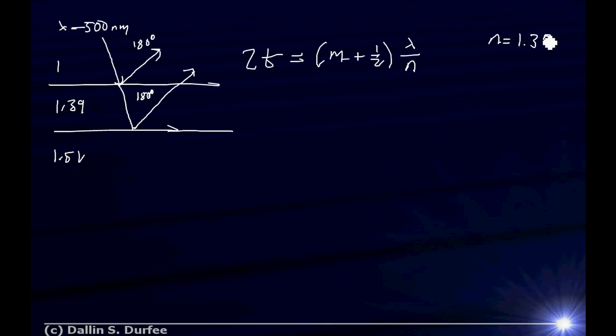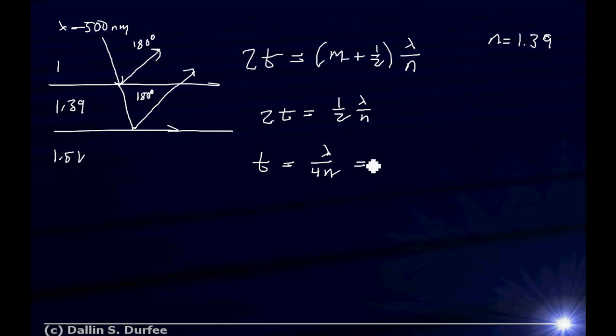Alright, and my pen's doing something funny, I apologize. Alright, so we wanted to get the minimum thickness that will give us a reflection minimum, and that happens when m is equal to 0. So let's just set m equal to 0, and we get 1/2 lambda over n. Solving this for the thickness, t is equal to lambda over 4n.